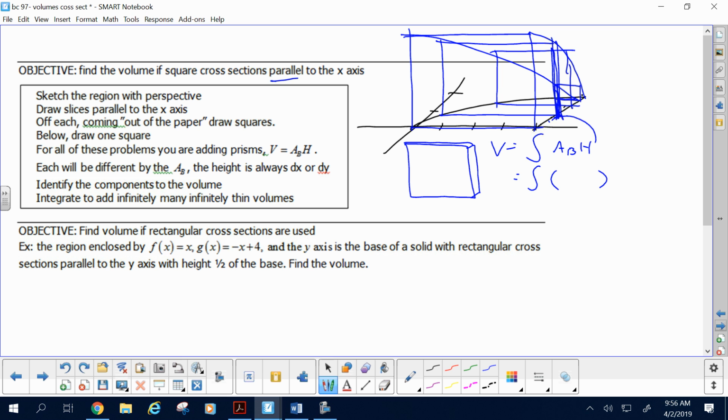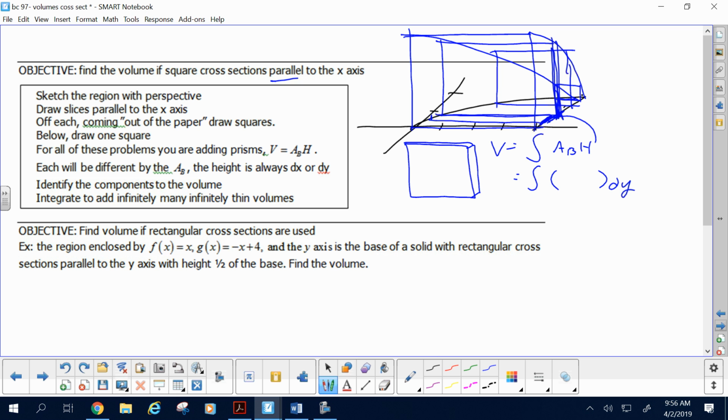Okay, the thickness goes like this. So imagine if the curve was a big old rectangle. Is this a change in x or a change in y? Is this delta x or delta y? That's delta y. I'm going up and down the y-axis, right? So the thickness is dy, and therefore the height is dy.